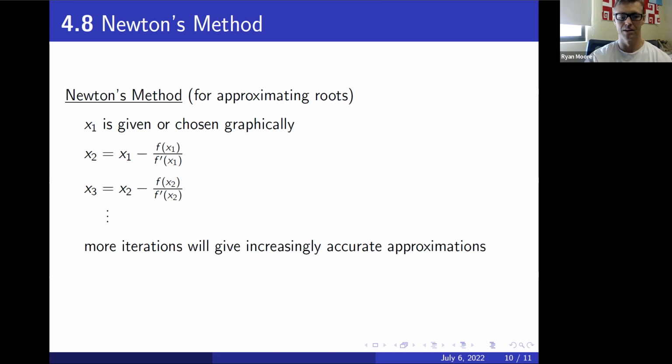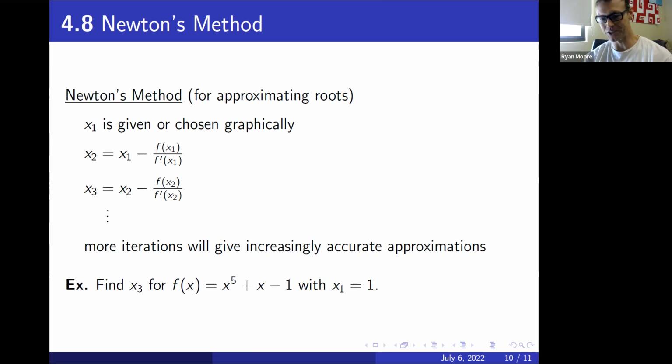Okay, it's time for an example. We're actually going to bring back that same function, but now we're going to see how this works with Newton's method, with this iterative process, and with our calculators. Okay, we're going to find x3 for f of x equals x to the fifth plus x minus 1 with our starting value x1 equals 1.